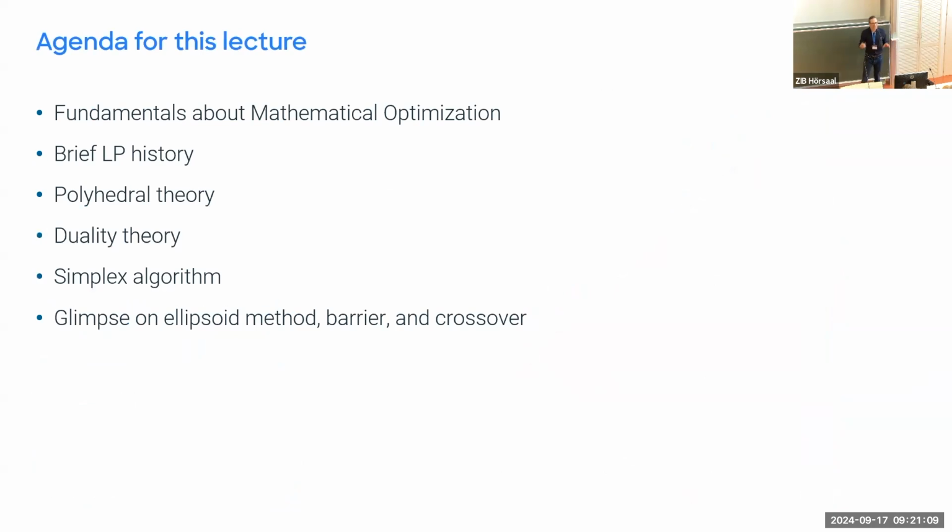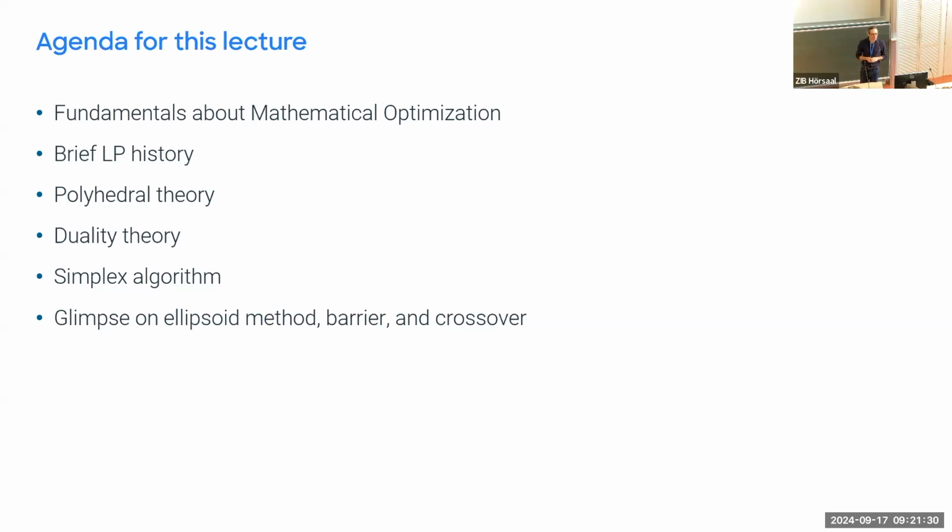For the first lecture here, this is the agenda. First of all, let's go one step back and talk a bit about mathematical optimization. LP, IP, MIP. You've already heard something about history, so I'll keep the history short. And then let's jump into polyhedral theory.